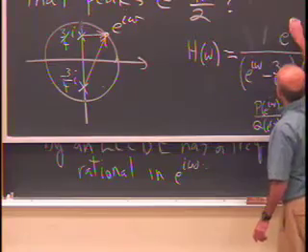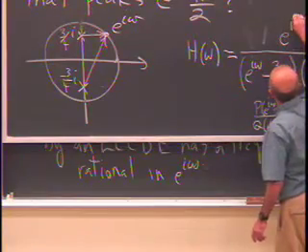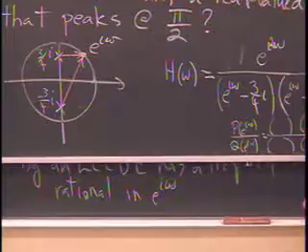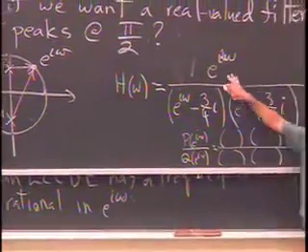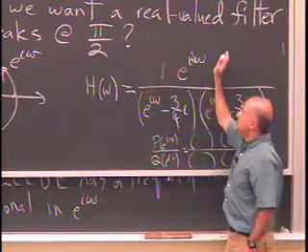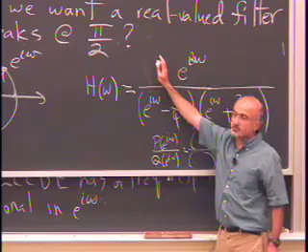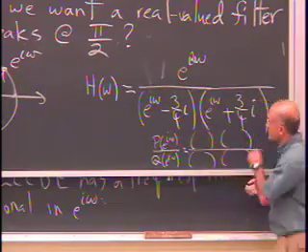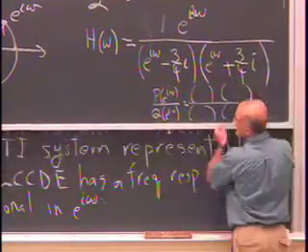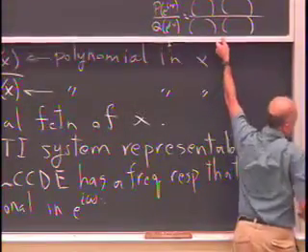If it makes you feel better, I'll put an e to the i 2 omega here. And let's do that, actually. The point is, I want something whose magnitude is 1 in the numerator. So I'll put that in, and let's see what the difference equation for this system looks like.